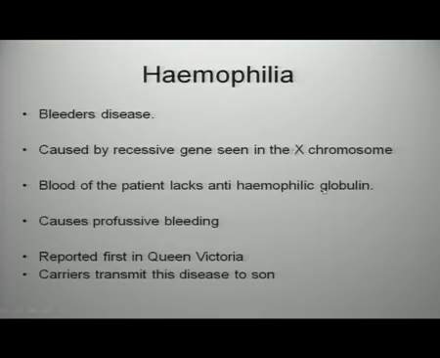So, in this particular patient, there is a lack of anti-hemophilic globulin, which prevents bleeding, or it is needed for blood clotting. And in such cases, due to the lack of anti-hemophilic globulin, there is profuse bleeding even if a minute injury takes place.